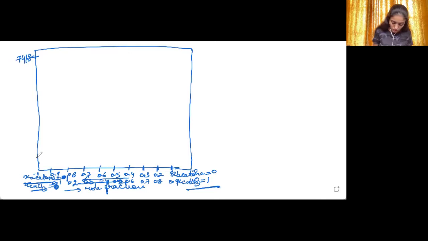Suppose this is 100, 200, 300, 400, 500, 600, 700. So I can take it as 800, and approximately at the middle, a bit below the middle, it will be 741.8. So this is the vapor pressure of pure acetone.